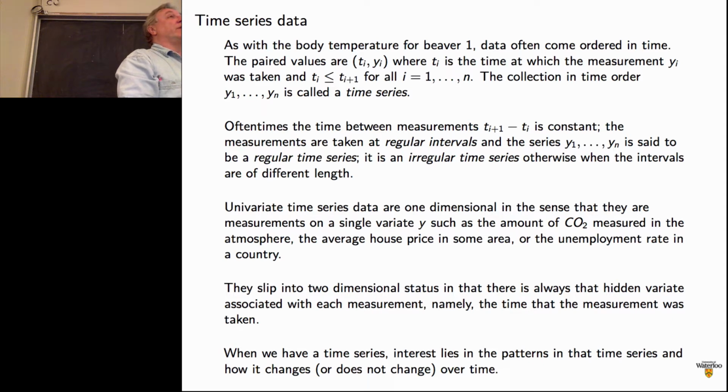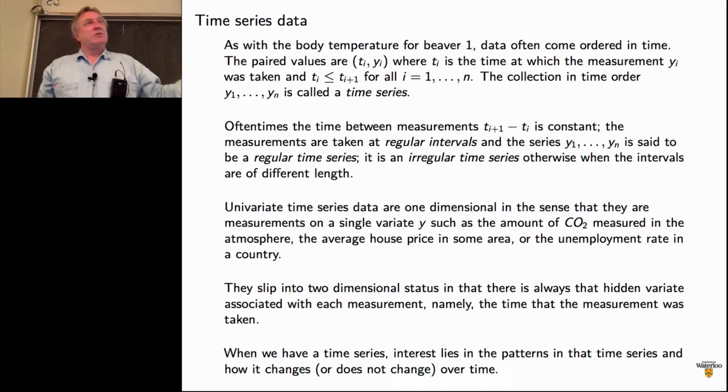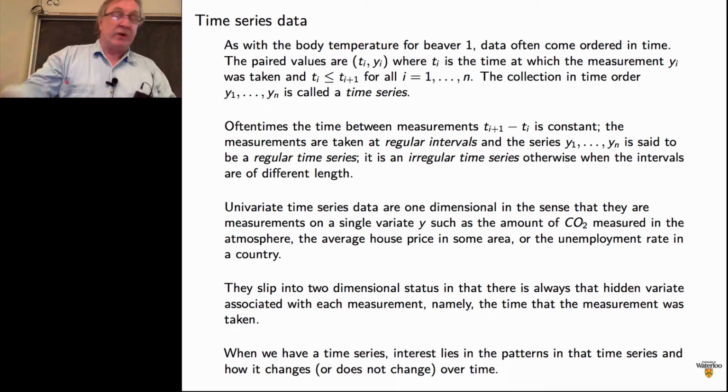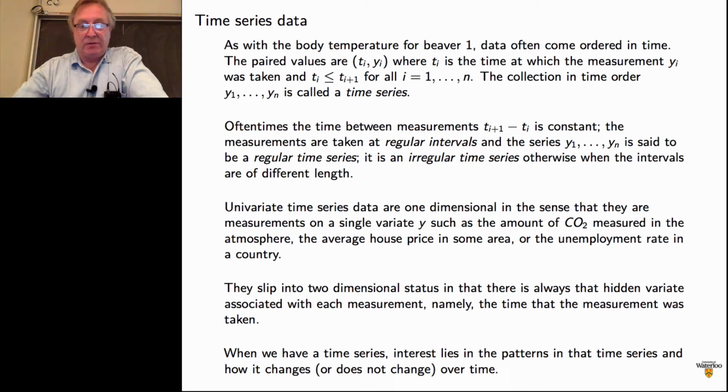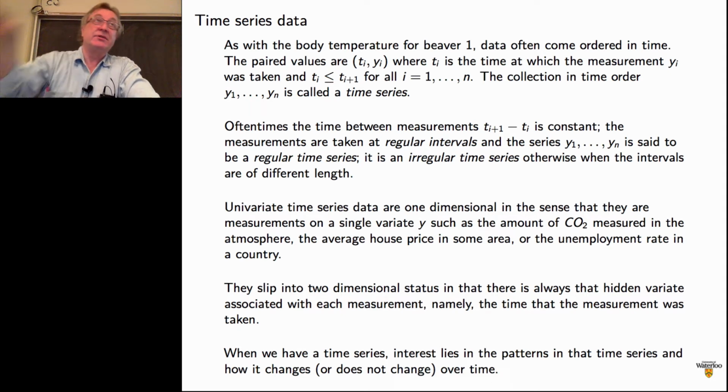This hidden variate, sometimes called a lurking variate, is strongly correlated, or maybe nearly identical with the time. So you'd like to figure out what that variable could be. When we actually have a time series, the interest lies in the patterns in that time series, how it changes over time. How does that series change as time progresses?